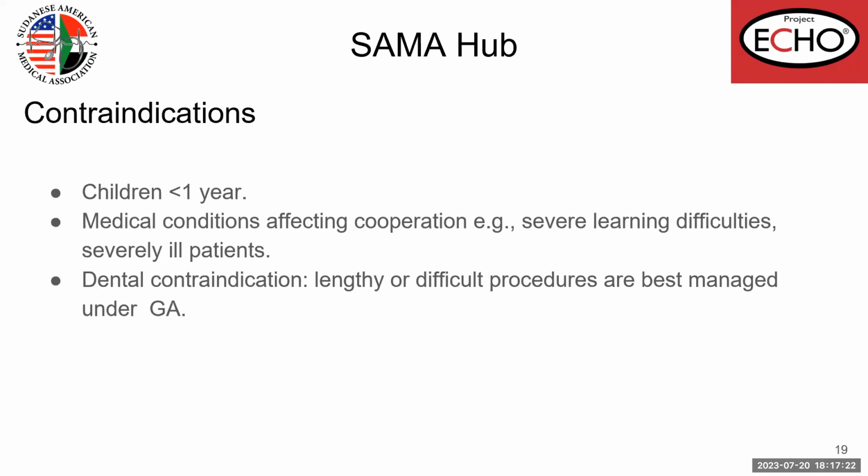So there is a great risk of aspiration. And that's why I cannot do a lengthy and difficult procedure. I cannot do, like, 8 pulp therapies and stainless steel crowns, or I cannot do extensive extraction. Like, for example, I want to do 16 extractions sometimes. For these cases, sedation is contraindicated.